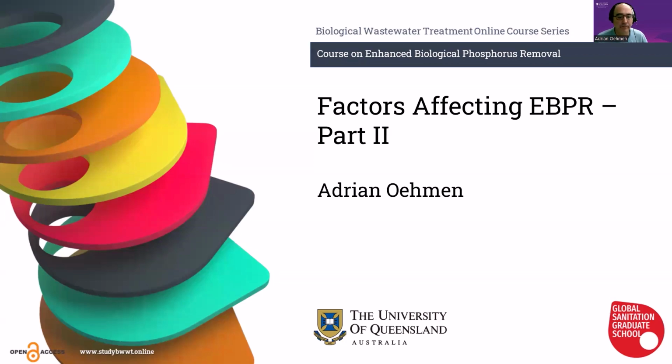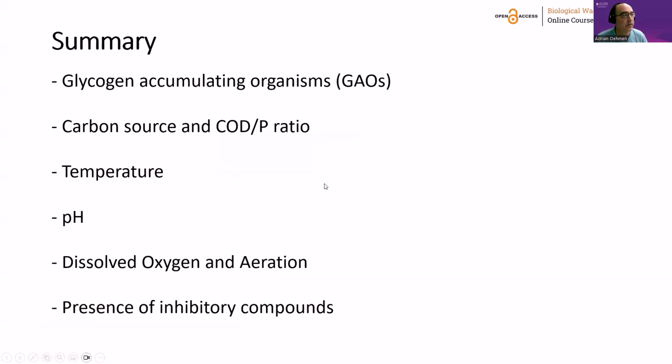So what we're going to talk about mostly is factors including glycogen accumulating organisms, the carbon source and the COD per phosphorus ratio in the influent, and that impact on EBPR, temperature, pH, dissolved oxygen and aeration, and the presence of inhibitory compounds.